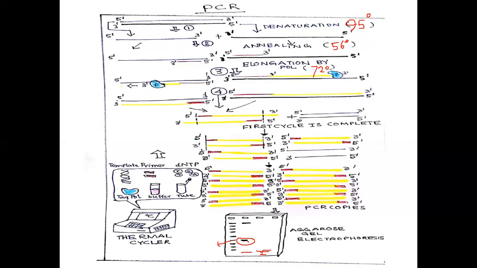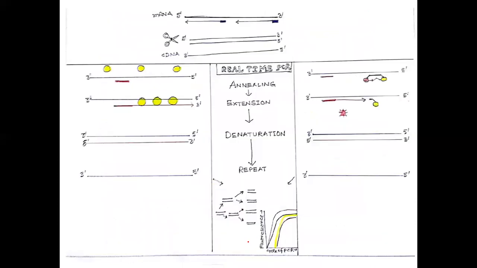Suppose you don't want to get the result in gel form and you want to minimize your time. Not only that, you want to be sure that in each cycle the amplification is happening properly or not. For that, there is a type of PCR called real-time PCR.